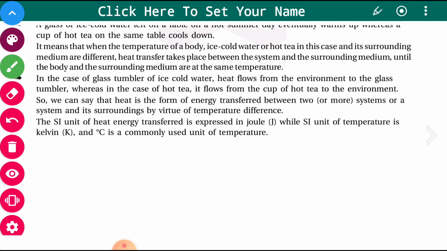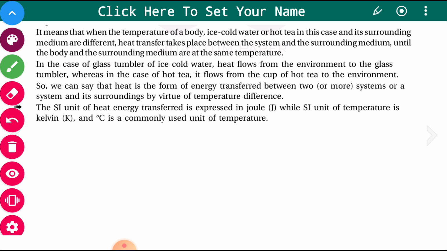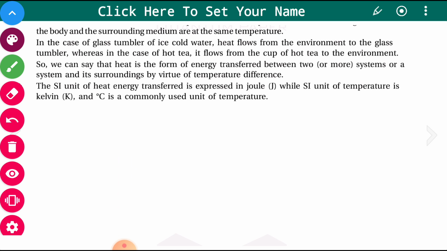It means heat is transferring from the surrounding to the ice cold water. Similarly, if you have a hot cup of tea in the winter, it will become cold. So heat is getting transferred from one body to the other if there is a temperature difference.